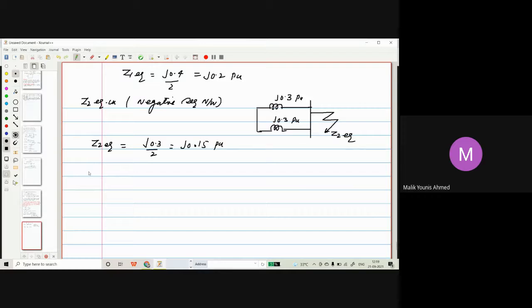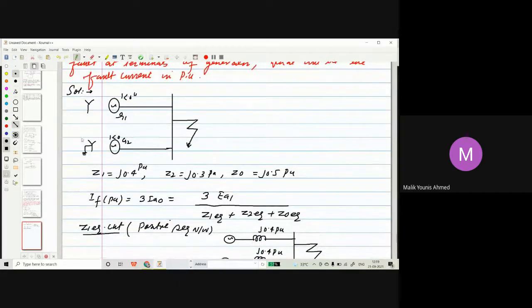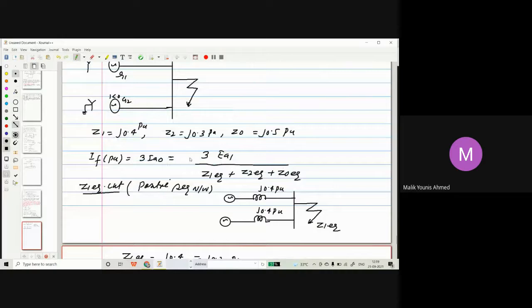Zero sequence is very important now. The Z zero equivalent circuit, that is the zero sequence network, we have to make. Beta, roll number 29, what will happen in the zero sequence network? Well done. In the zero sequence network, connections are very important. Here it is not solidly grounded, here it is grounded. So how will we draw the zero sequence network?